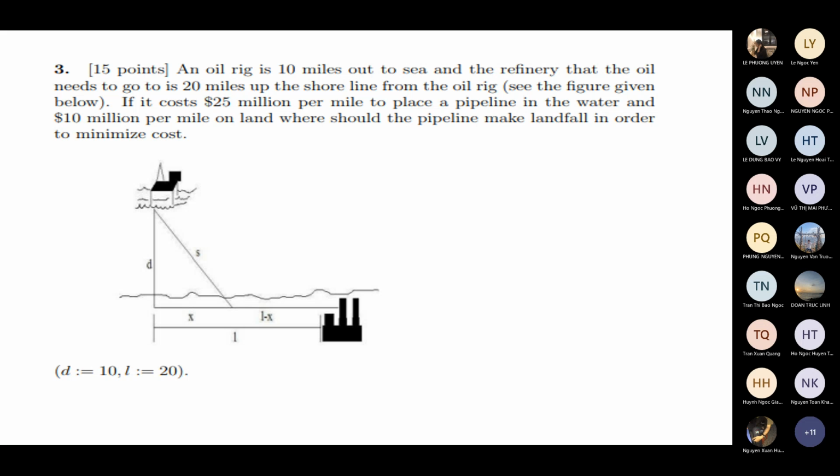If it costs $25 million per mile to place a pipeline in the water and $10 million per mile on land, where should the pipeline make landfall in order to minimize cost?